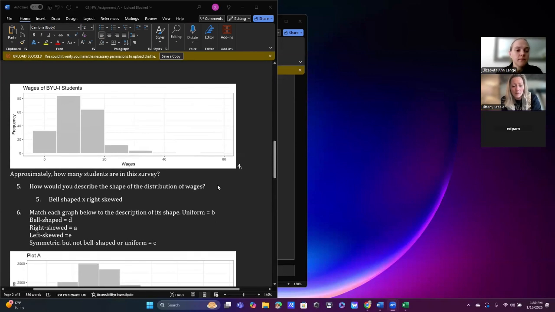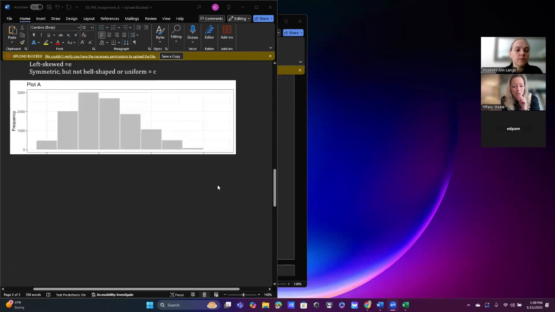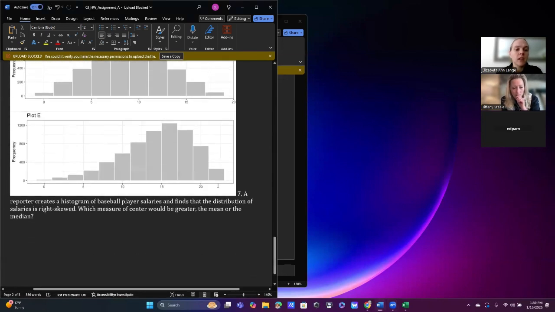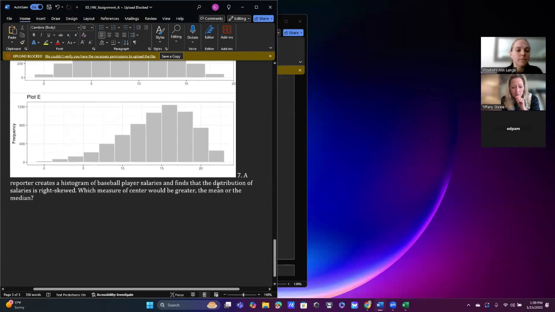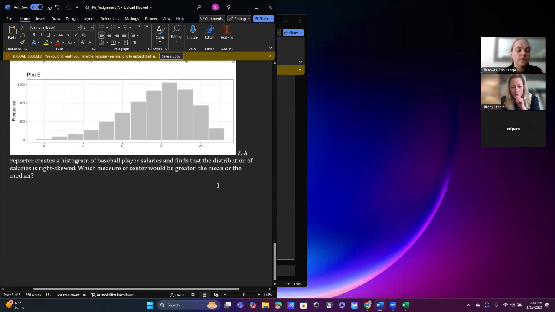I think I had a question on the last one too. The reporter creates a histogram of a baseball player's salary and finds that the distribution of the salary is skewed. Which measure of center would be greater, the mean or the median?